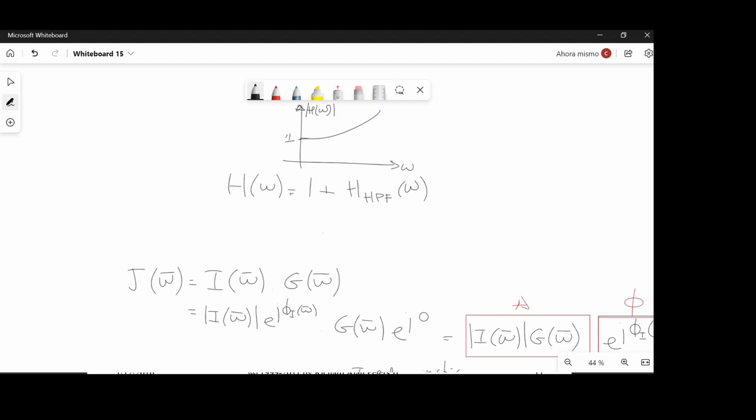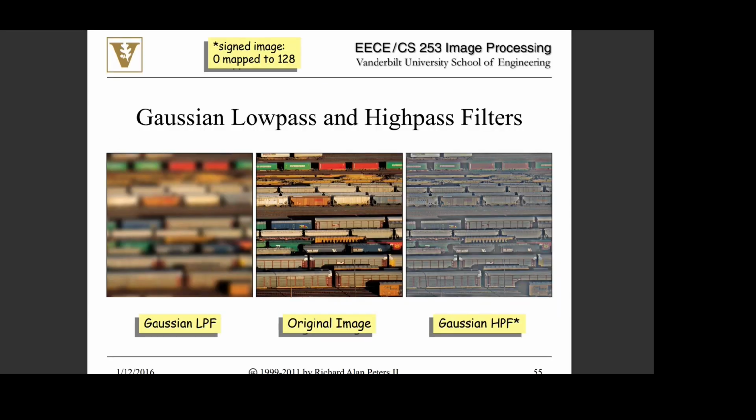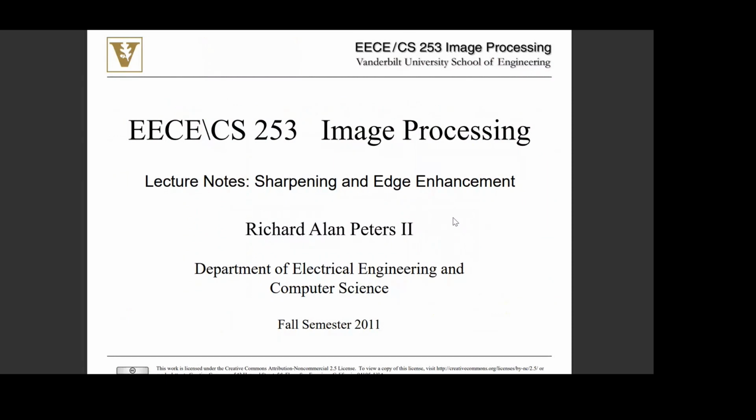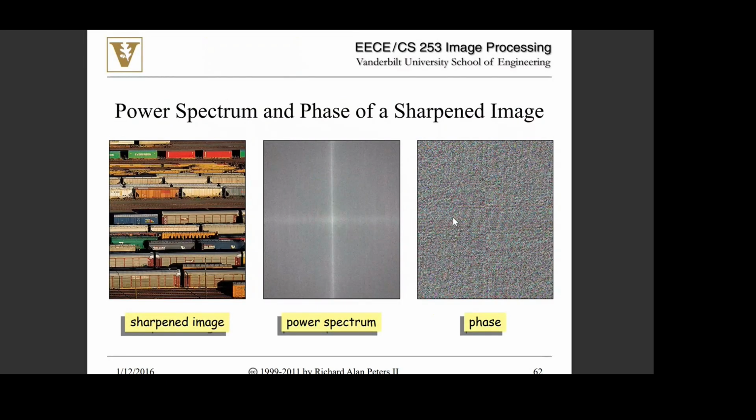So having edges is good for us. So why can I not take this image and add this one? I can do that. That is called a sharpened image. We can now reinforce the edges, and we will see this image sharper than the original.